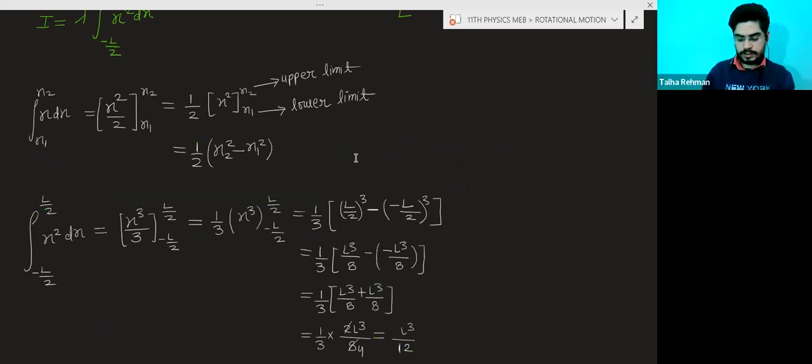Write down this integration, means how to do the integration. This is important.